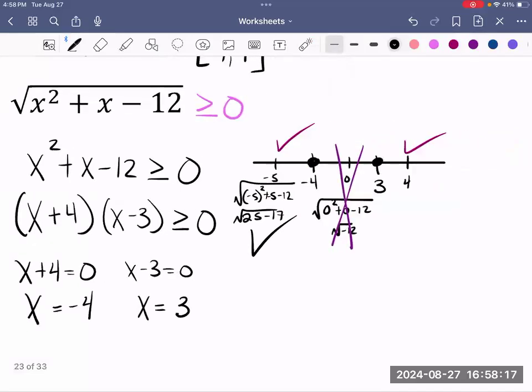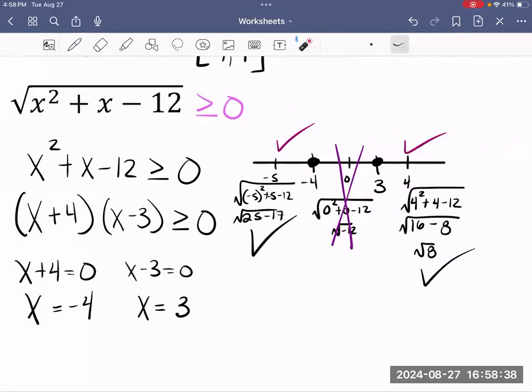And doing it again over here, 4 squared plus 4 minus 12, 16 minus 8 is then just 8, right? Again, a positive solution underneath the square root. So these parts are okay. It's just the in-between section that's not okay.